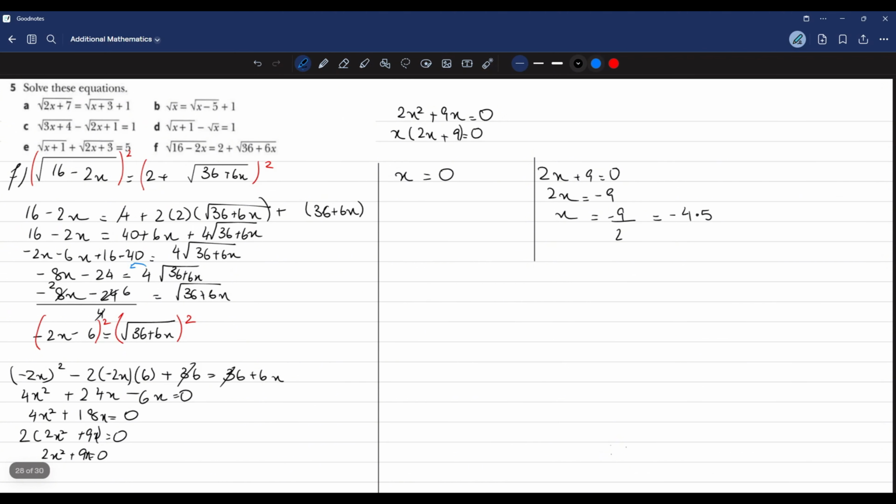Let's check if both of them are correct or not. So first of all, I'm going to recheck these two values. When x is equal to 0, I'll be careful.